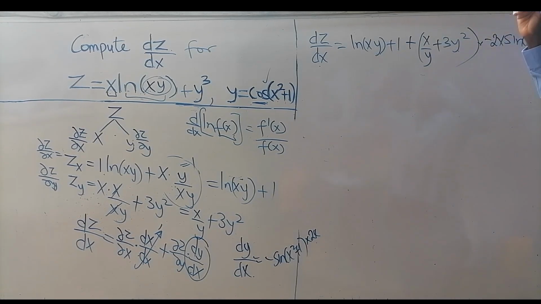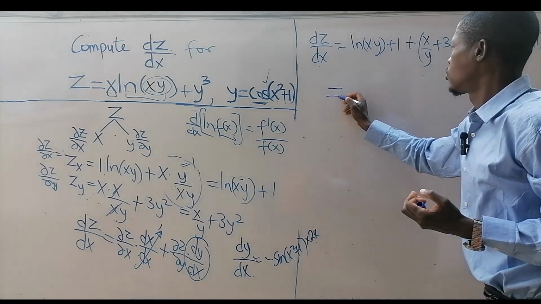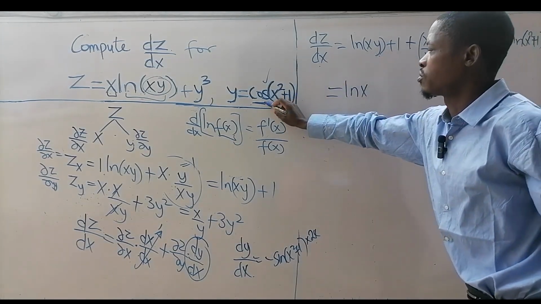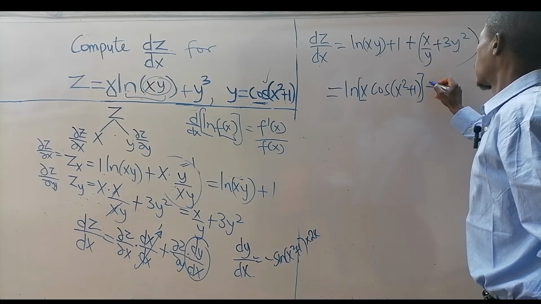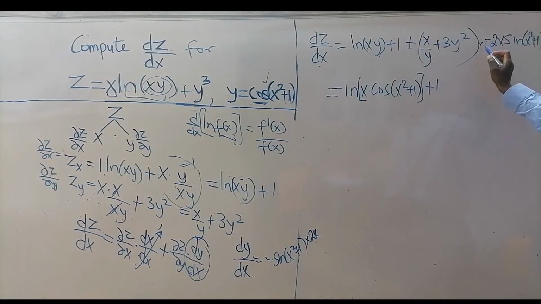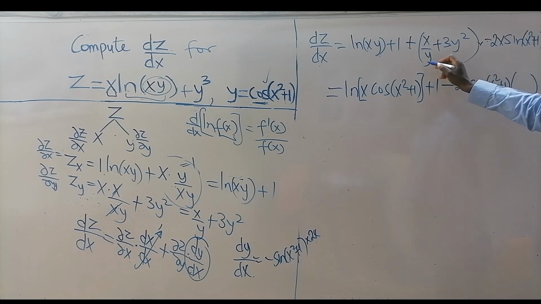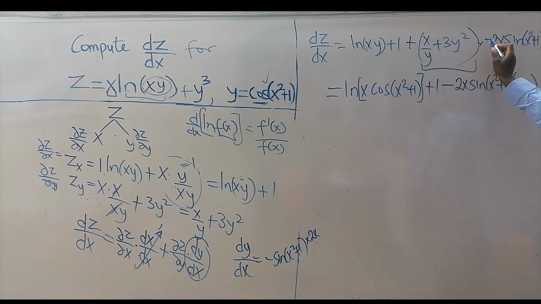Okay, so what we want to do now is try to make it a single variable, and that will take us to x. My y is what? I'm going to substitute that. That's cos of x squared plus 1, times this bracket here, plus times minus, that's minus, plus this expression here, just brought forward, and in this bracket, write the content there.